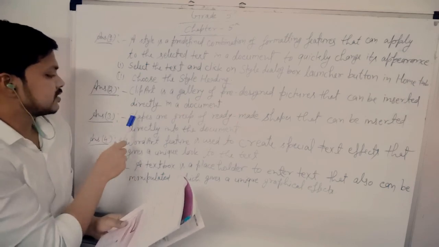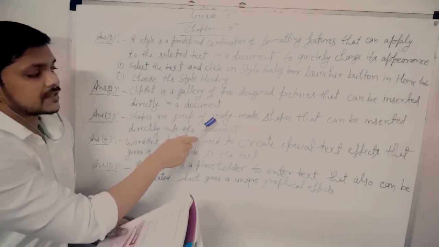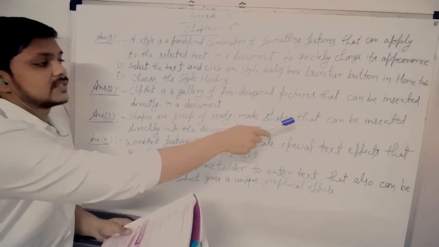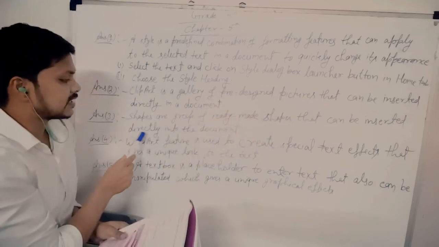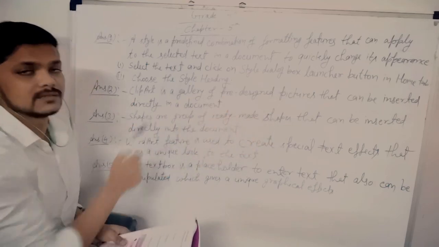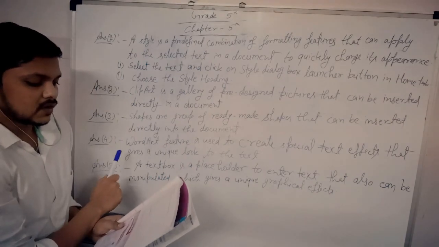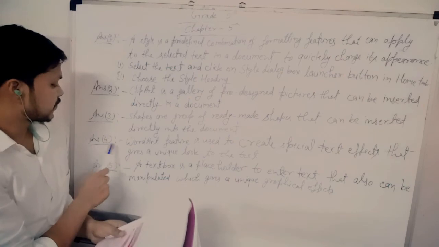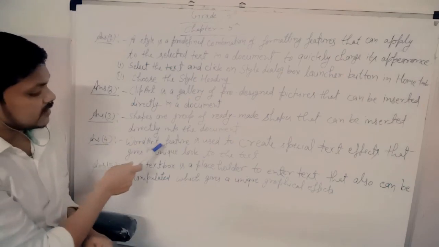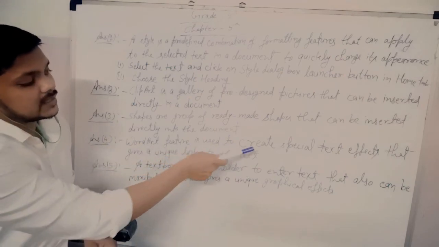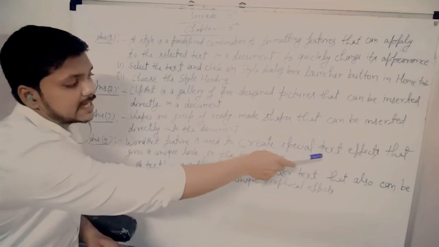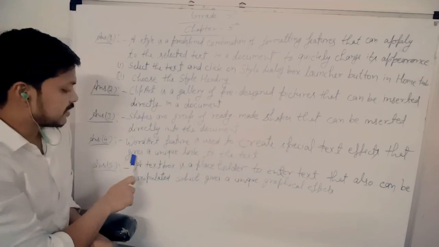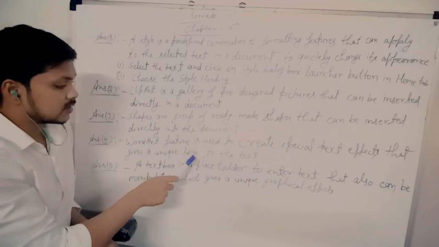The answer is, shapes are a group of ready-made shapes that can be inserted directly into the document. Now the fourth question is, what is the use of the word art feature? The answer is, the word art feature is used to create special text effects that give a unique look to the text.